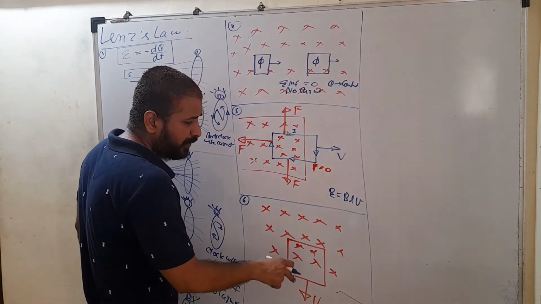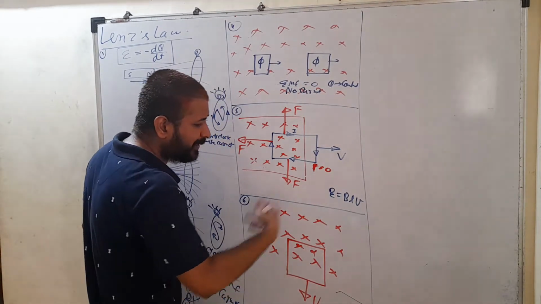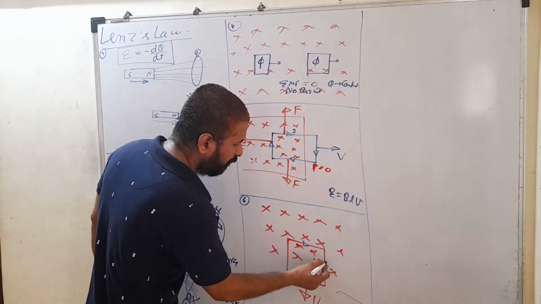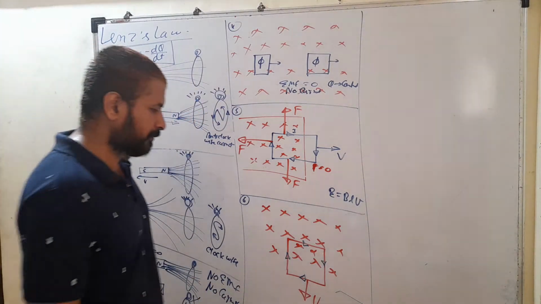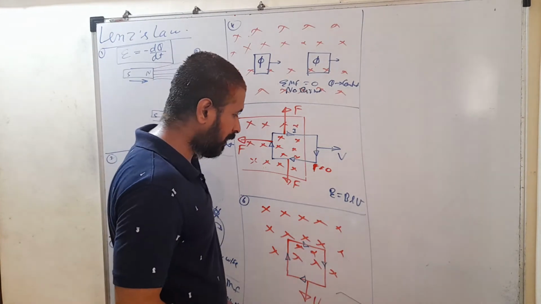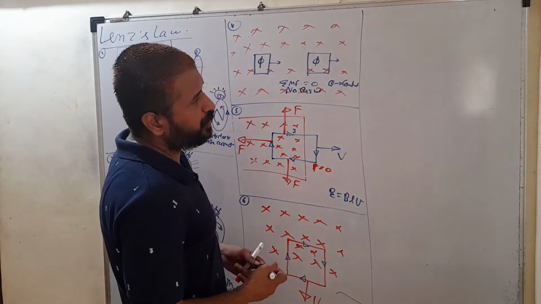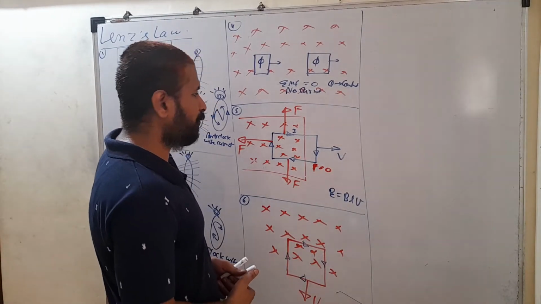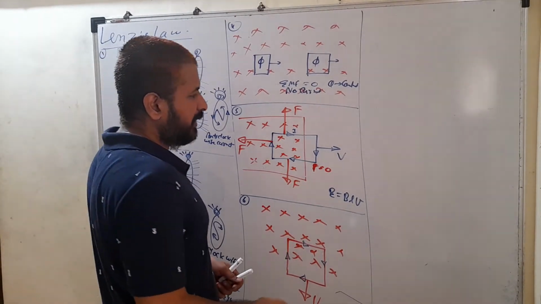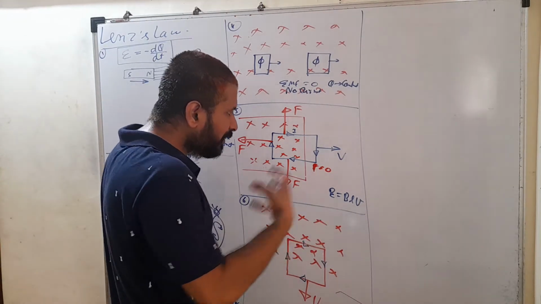When we decrease the cross lines, the current is induced which can increase cross lines. So again, current is developing in clockwise direction. Whatever change we are trying to do, current is induced to oppose that change. If you are trying to decrease the lines, current opposes this change and tries to increase the lines.